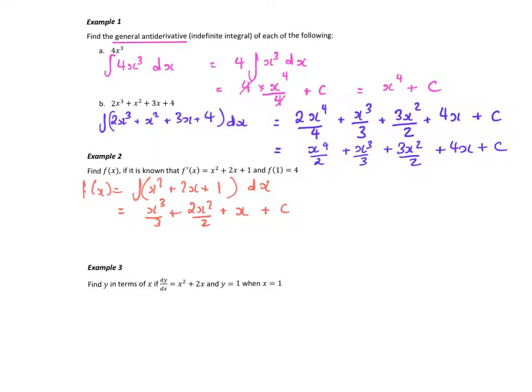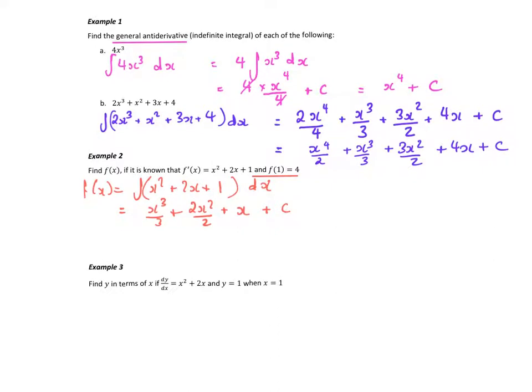Now we're given another bit of information there, told that f of 1 is equal to 4. And that really is when x is equal to 1, y is equal to 4. So we're going to use that here because we've got f of x. So f of 1 would be, wherever I've got an x, I'm going to put a 1.